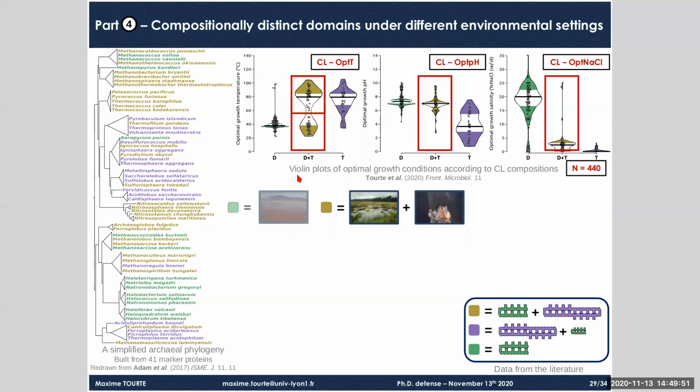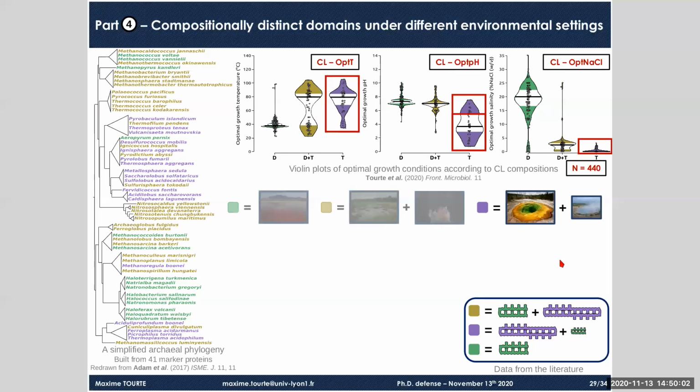The yellow strains tend to live more in high temperature settings or moderate temperature, but with neutral pH and marine salinity. And finally, the purple strains tend to live at high temperature, either neutral or low pH, and in freshwater settings. So they are mostly thermoacidophilic strains.